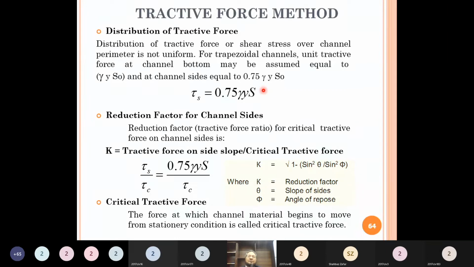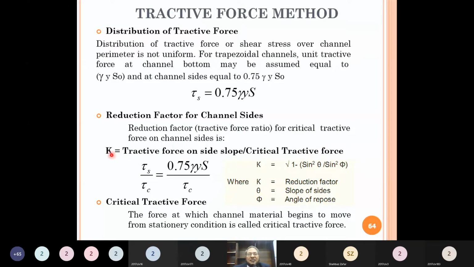Yes, sir. So how much is the tractive force on the sides? 0.75 of gamma y s. Now the reduction factor for channel sides. The reduction factor, which is also called the tractive force ratio, for critical tractive force on channel sides, we can say K is the tractive force on the side slope over the critical tractive force.